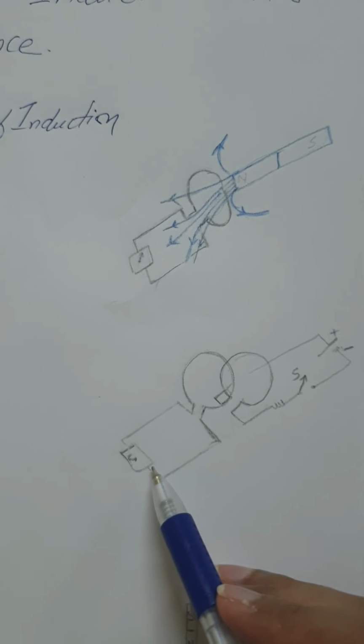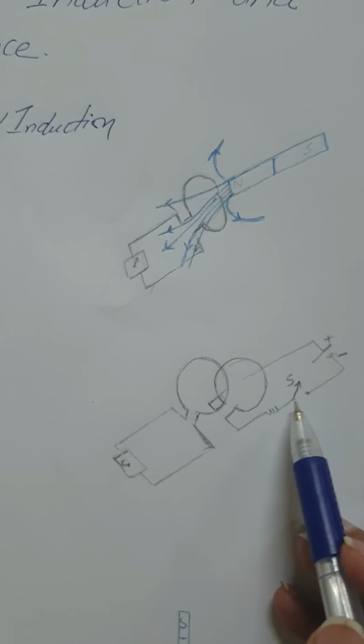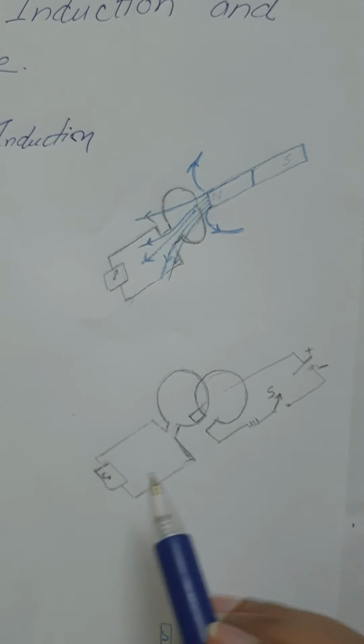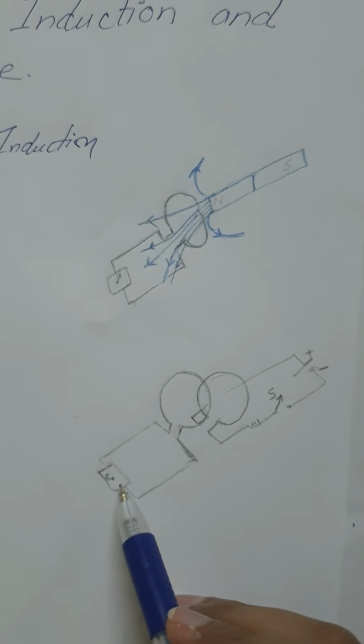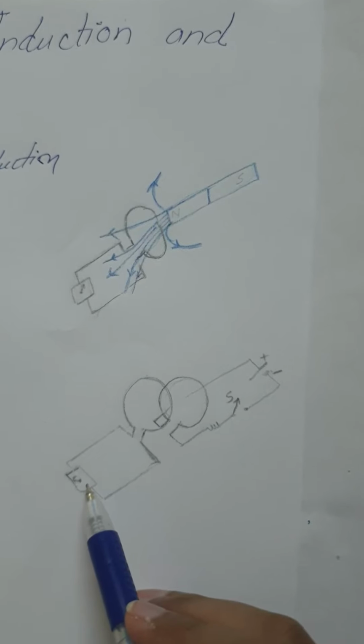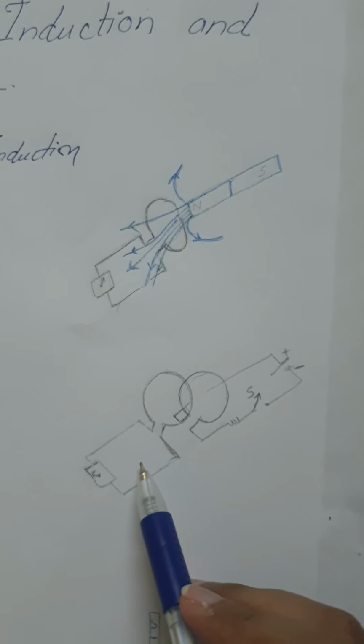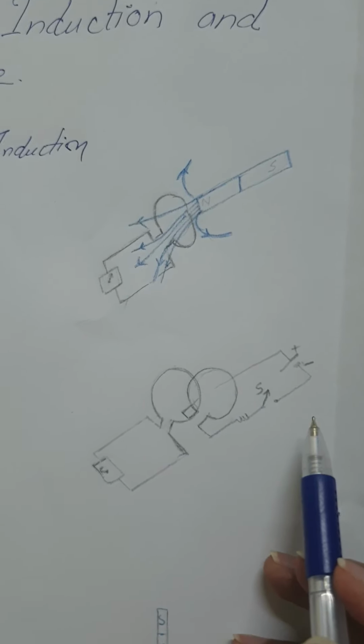If we then open the switch, another sudden and brief induced current appears in the left hand loop, but in the opposite direction.